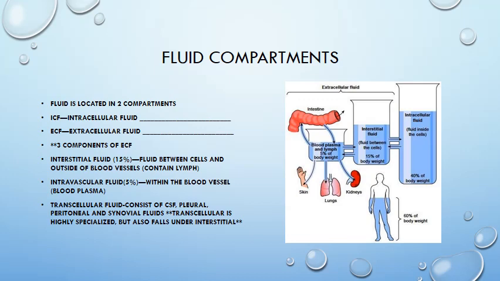And transcellular fluid are things like synovial fluids, right? They're very highly specialized. Your spinal fluid, your CSF, is also a transcellular fluid, and they're very highly specialized cells. That's what those are, just in case you've heard that. But the interstitial and the intravascular are the two that we'll really focus on.